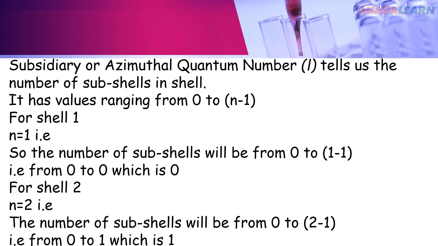For shell 2, it will be n is equal to 2. The number of subshells will be from 0 to 2-1, which is from 0 to 1, which is 1.